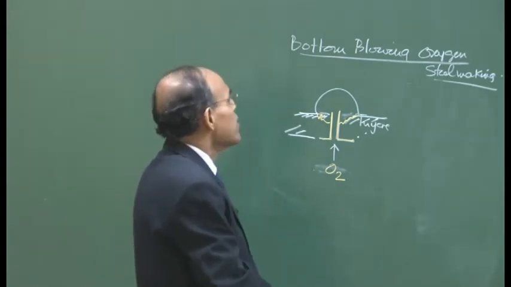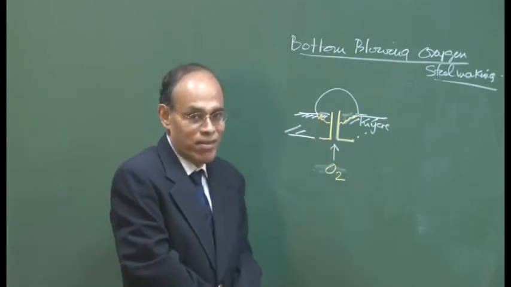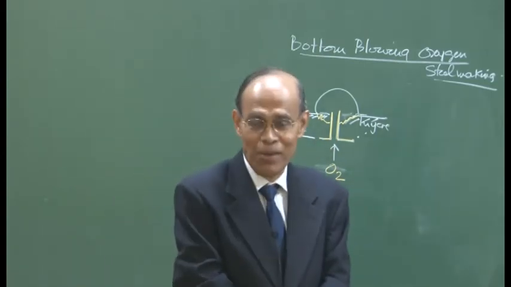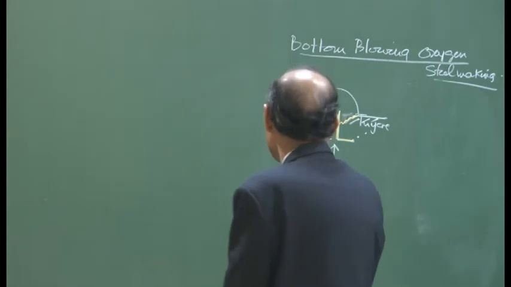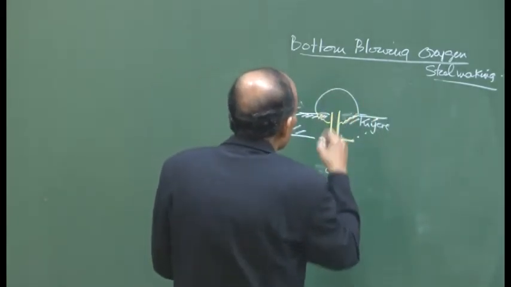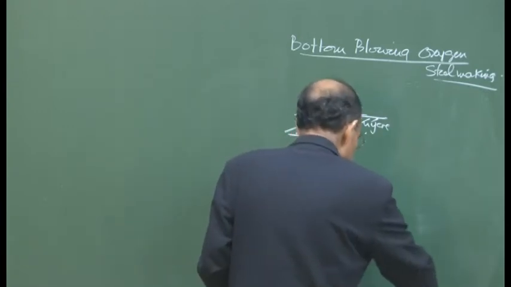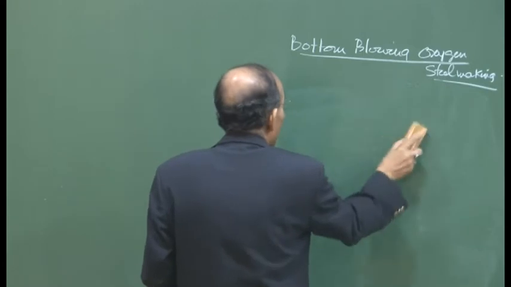So, obviously, when you are talking of the bottom blowing oxygen steel making process, the same tuyere design that was used by Bessemer will not work here, and the whole trick of making the bottom blowing oxygen steel making process is the use of what is known as a coaxial tuyere.